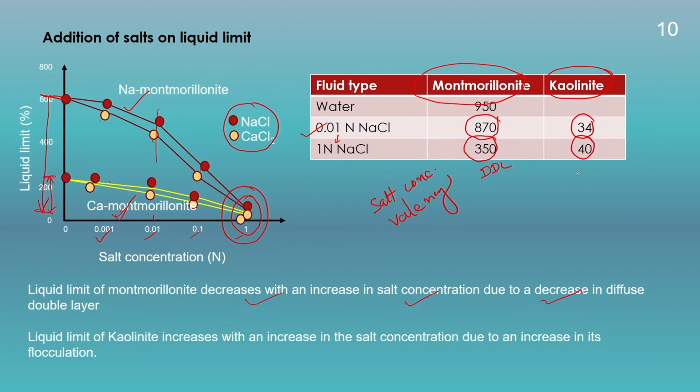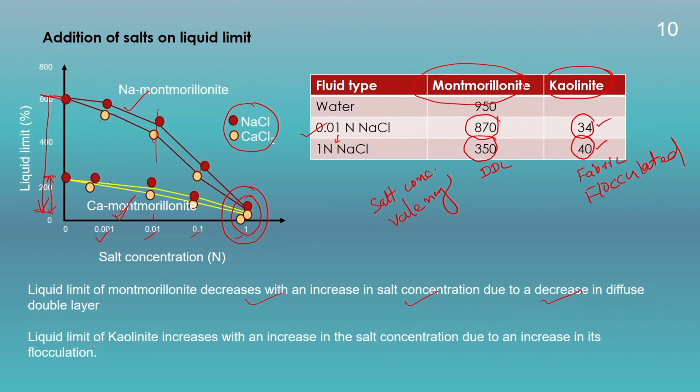For kaolinite, it is controlled by the fabrics. At high concentration, the soil or the mineral becomes more flocculated. Therefore, it will have a larger void space between its pores, and therefore, it can hold more water, and that leads to a higher value of liquid limit in comparison to at less concentration.